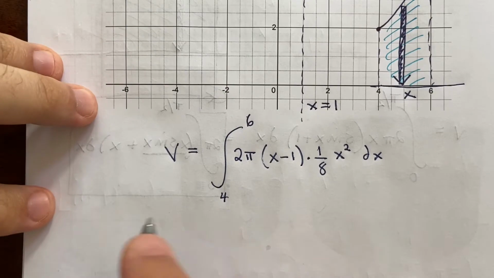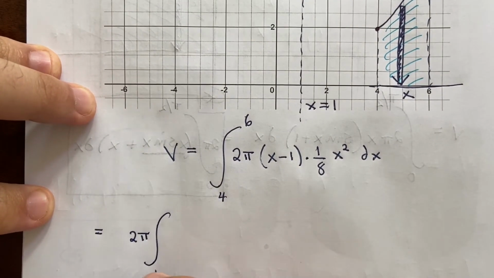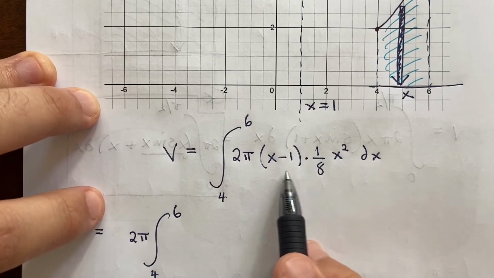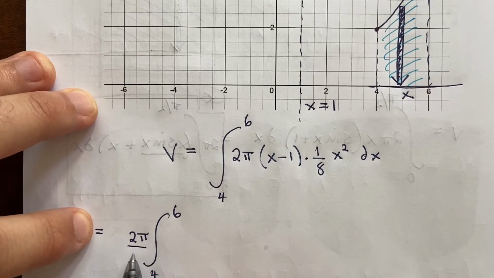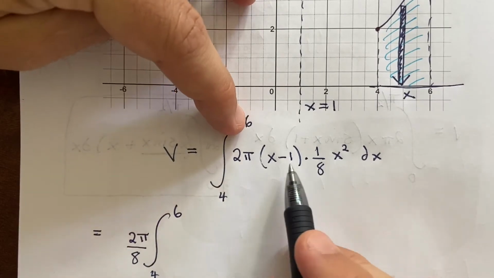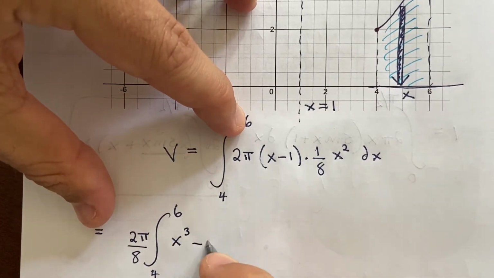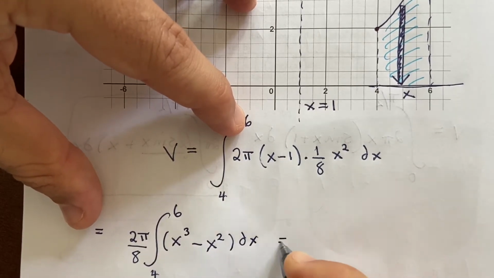Actually evaluating this, I can bring the 2 pi out front, still going from 4 to 6. And then distributing, maybe I'll bring the 1/8 out front as well. That just leaves the x squared to distribute, so I get x cubed minus x squared dx.